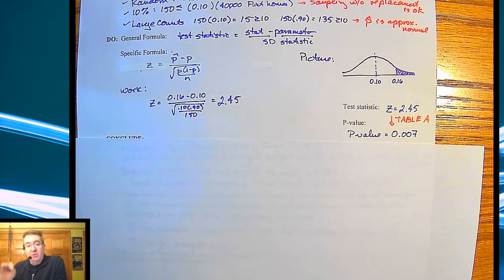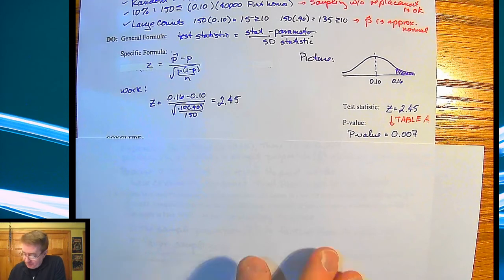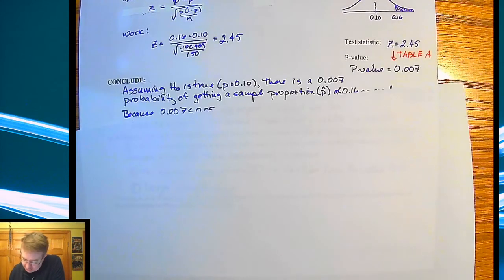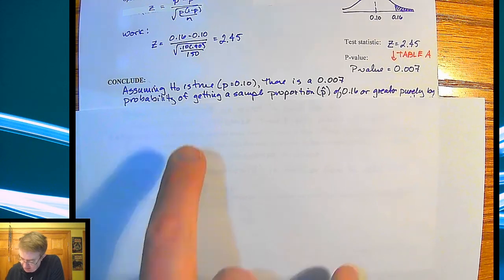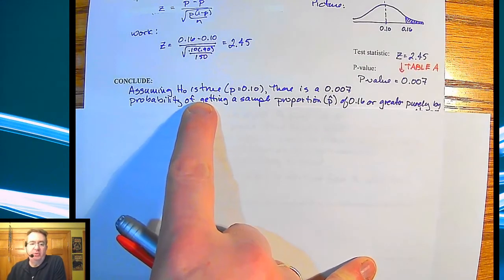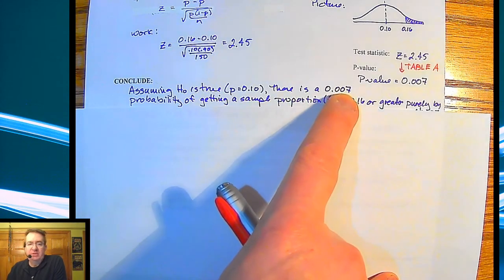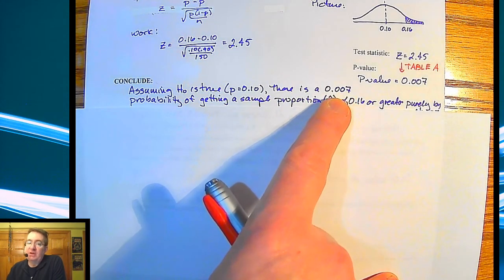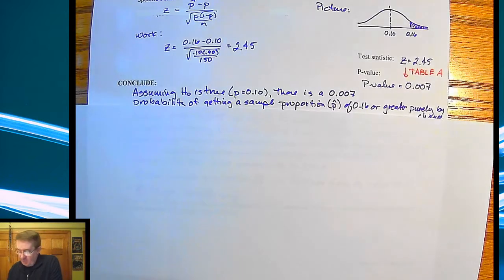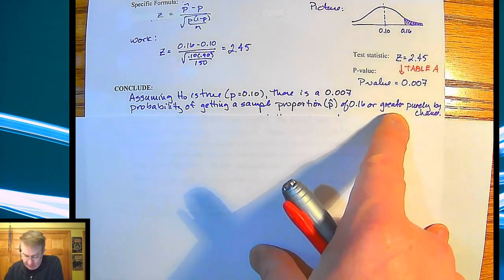Now for the conclusion, we talked about this yesterday. We're going to do the first part of what we talked about, and then we're going to wrap it all up. So first of all, we're going to interpret our p-value. Assuming that H naught is true, p is equal to 10%, there is a 0.007 probability of getting a sample proportion, a p-hat value, of 0.16 or greater purely by chance.